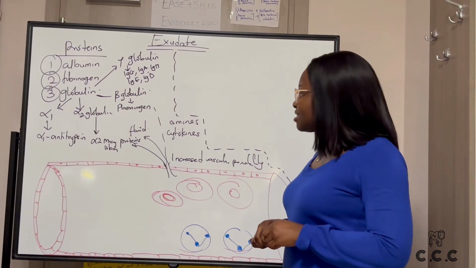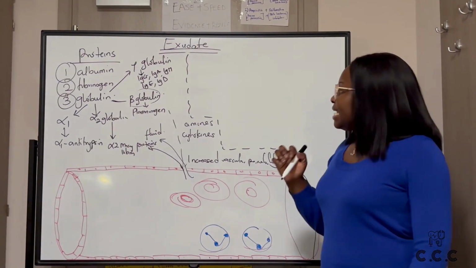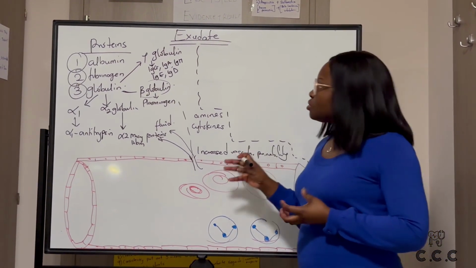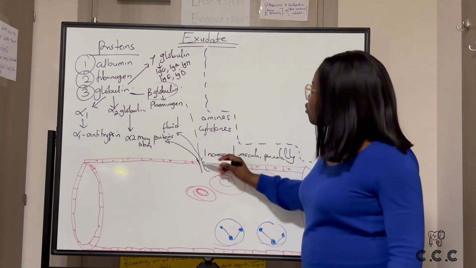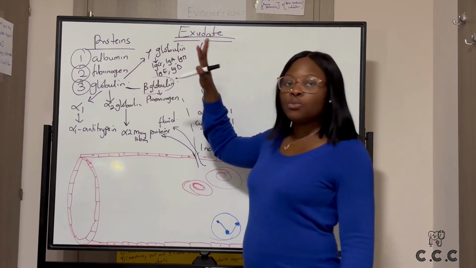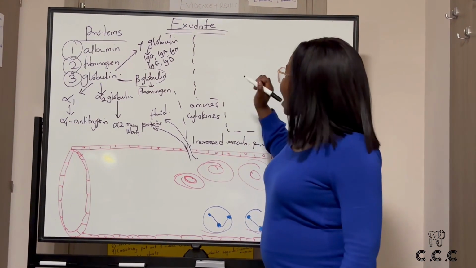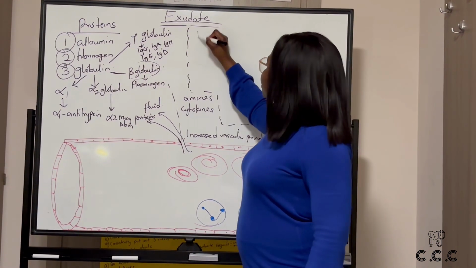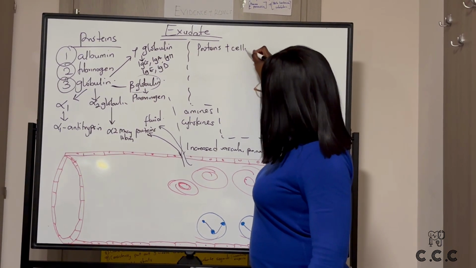Alright, so plasminogen was in the class of the beta globulins. Now, when we said exudate, we said these are protein-rich transudate. So it means that a lot of proteins, it could have albumin, fibrinogen, globulin within these extravascular fluids. And another thing we have to remember is that not only are we seeing proteins, but we are also seeing cellular debris.